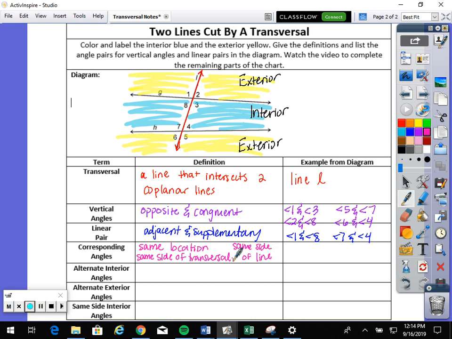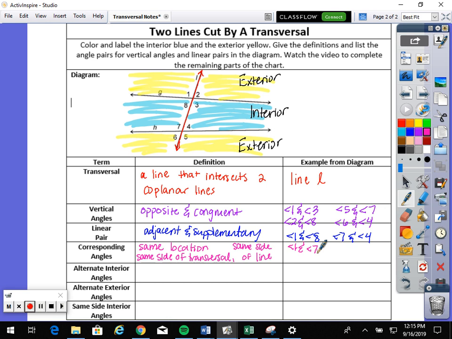So a lot of information there. So for instance, angle 1 would correspond with angle 7. They're both on the left-hand side of the transversal, and they're both above line G and line H respectively.